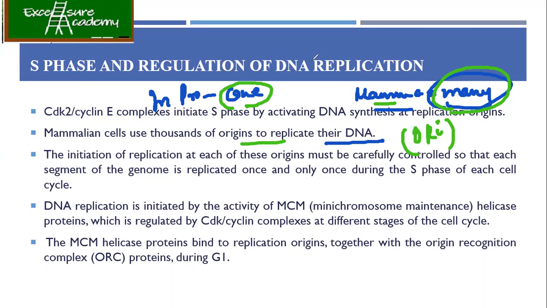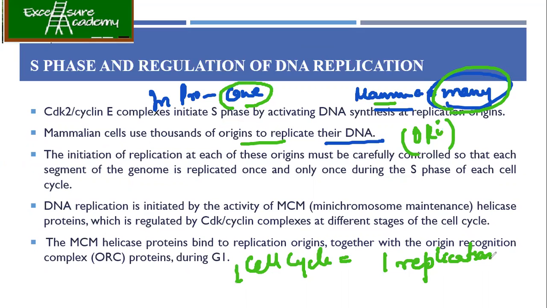Now even though many origins of replication are there, they are so tightly regulated that replication will never repeat within the same cell cycle. It means that in one cell cycle you will have only one replication. Even though many are there, the cell doesn't get confused and start the replication in a few places and not in others.